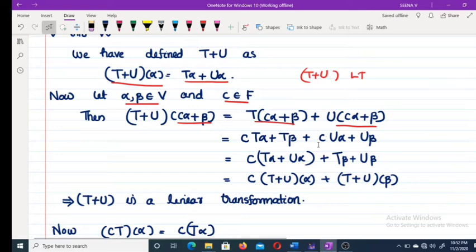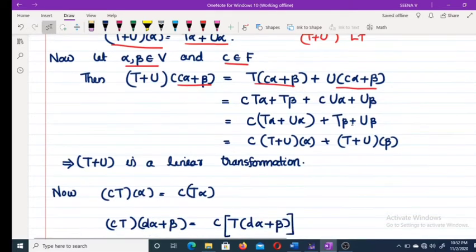Now collecting the terms containing alpha, you take c outside: T alpha plus U alpha, plus the terms containing beta, T beta plus U beta. This you can write as c times (T plus U) of alpha, plus (T plus U) of beta.